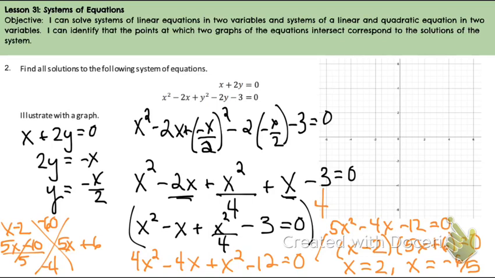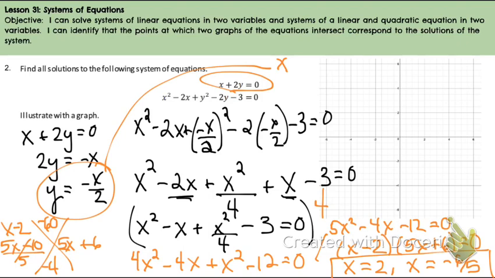Okay, so the next step, I've got my x values. I'm going to plug them back into this original equation and figure out what my y values would be. Okay, so I know x is 2, so actually I'm just going to use this equation right here. y equals negative x divided by 2. So if I know x equals 2, it's going to be negative 2 divided by 2.